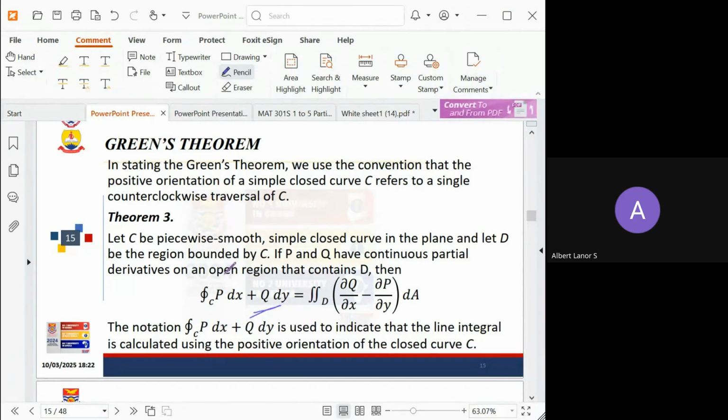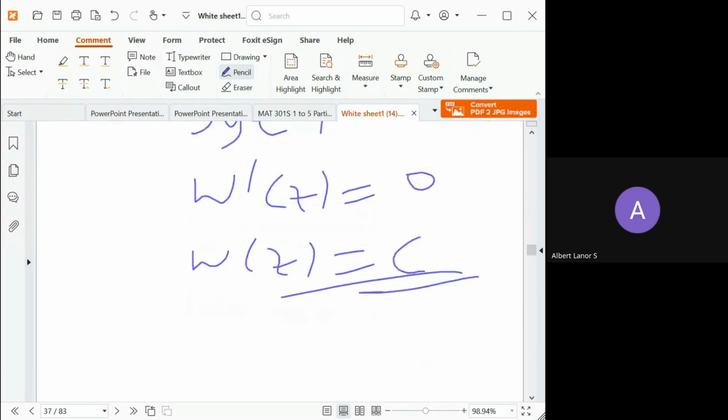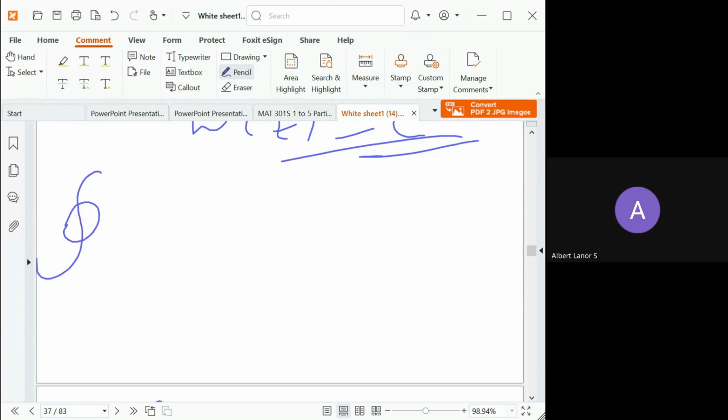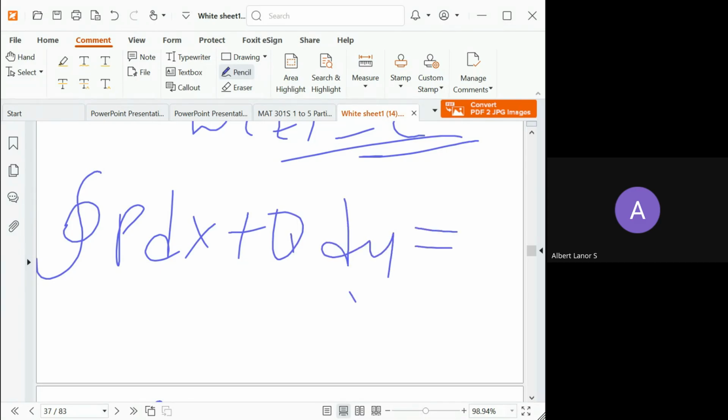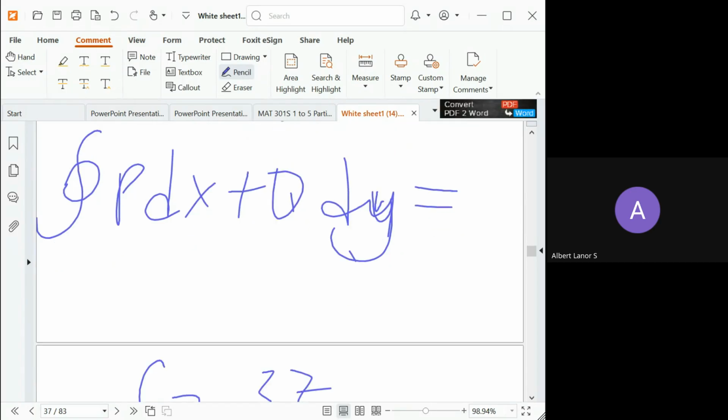All right. So this formulation here is what we call Green's theorem. To evaluate the integral of P dx plus Q dy, you find the double integral of (Q dx minus P dy) dA. Let's just write it out here.